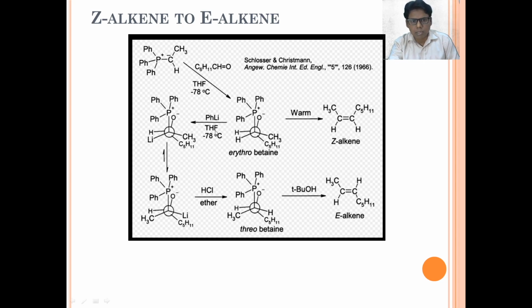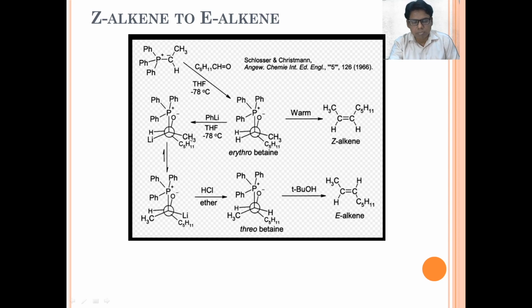But when the reaction is carried out at -78°, this proton which is attached to this phosphorus is being substituted by lithium, and then it changes its geometry like this so that the bulkier groups are away.